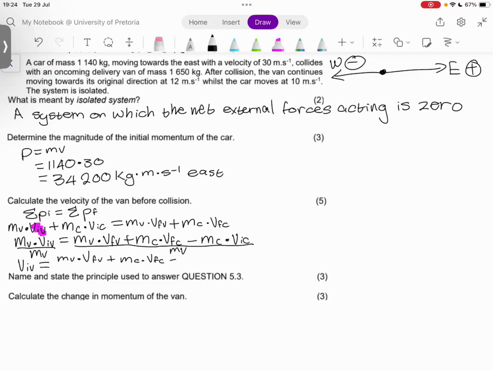Notice how I'm not doing my substitutions until the end. This is just to ensure that I don't mess up my algebra and I can actually see what's going on if I had to come back to the question to double check my answers.